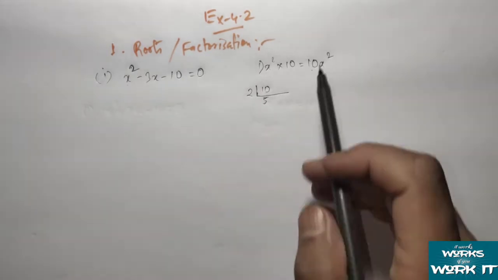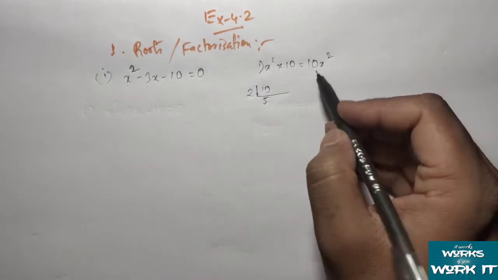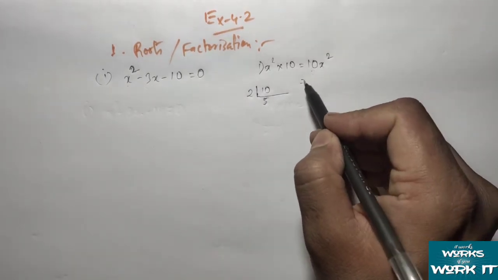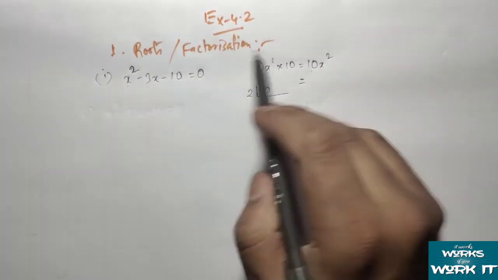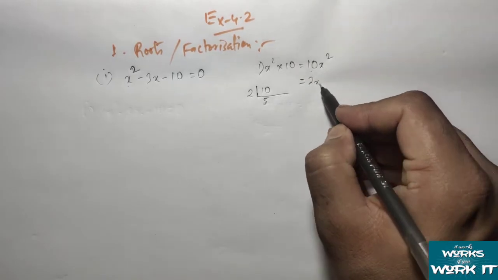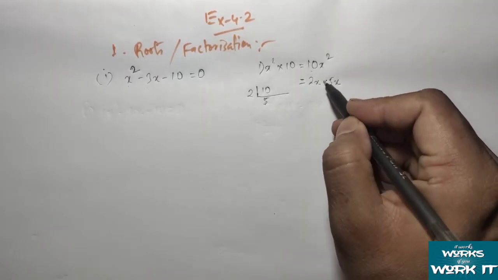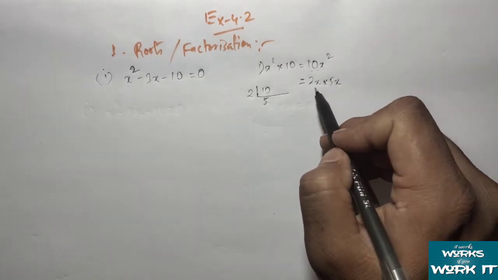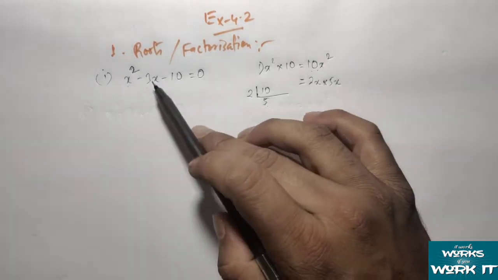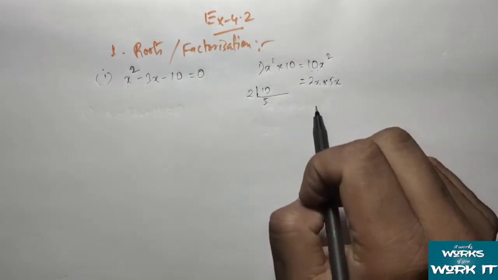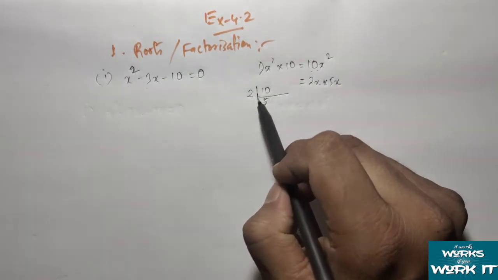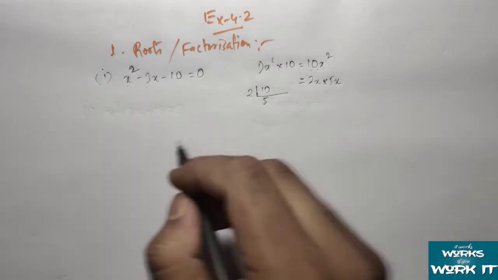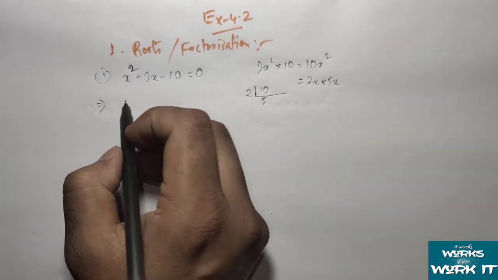Okay, so after getting these two numbers we can split whatever we have got after multiplying the first term and the last term, that is 2x into 5x, 10x square, and 2 minus 5 we are getting minus 3, or you can do 5 minus 2 also. So what will be our next step?